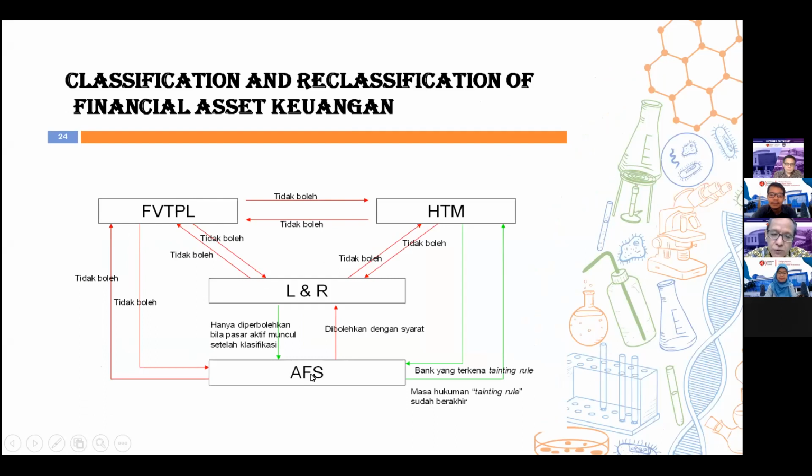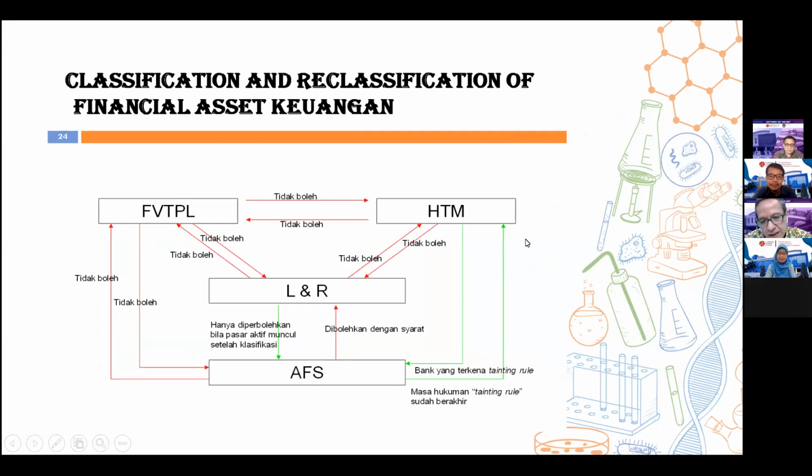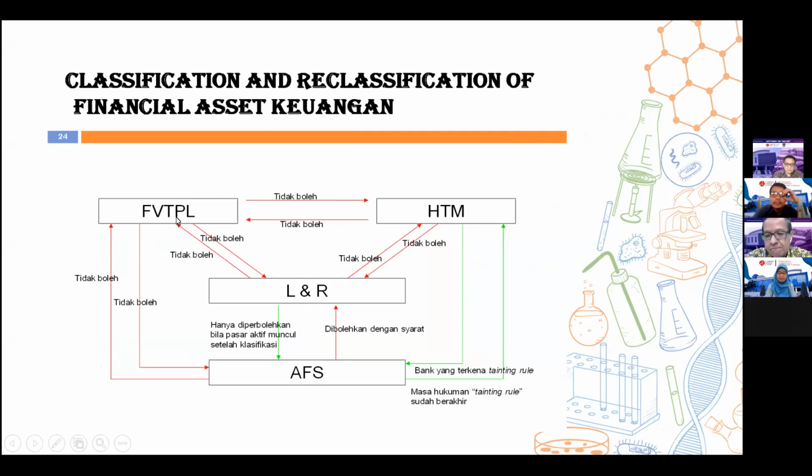And also, if you buy a financial asset and you have assigned it as held to maturity or loan and receivable or available for sale, you cannot move it into FVTPL. So the regulation is to avoid what people call cherry picking, yeah? So that people cannot use this to manage their profit, their earnings.